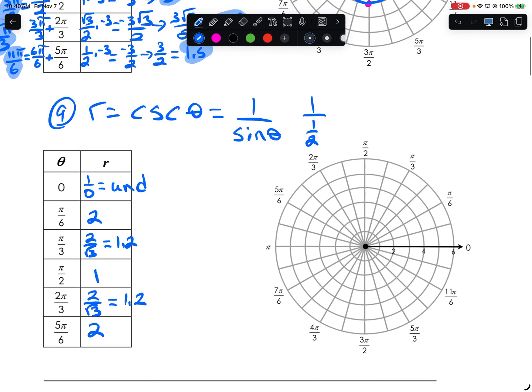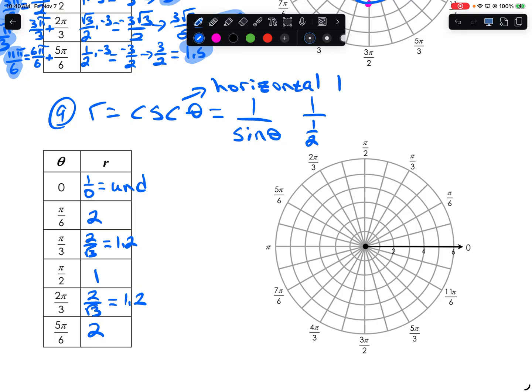It's much easier. And remember, it's going to be a horizontal line. So cosecant is horizontal line. And then secant is vertical line. Okay, I would definitely memorize that.